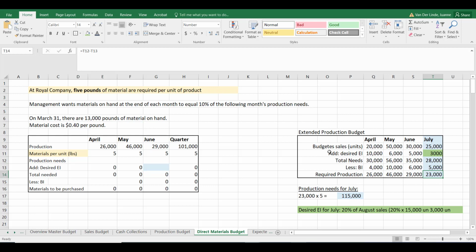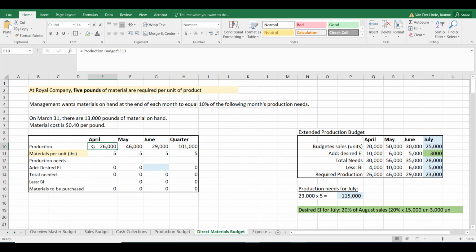So just keep that in mind here, but let's go ahead and do the production budget here. I took the required production for each month in units and copied it over here at the top. And for the quarter is just the sum. Now it says that at Royal Company, 5 pounds of material are required for each unit of product.